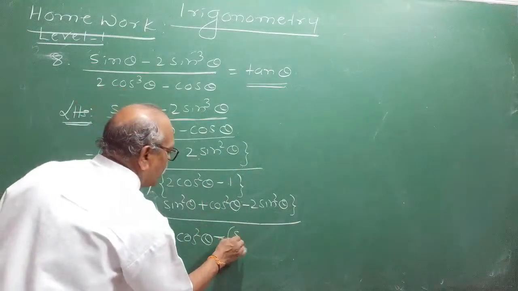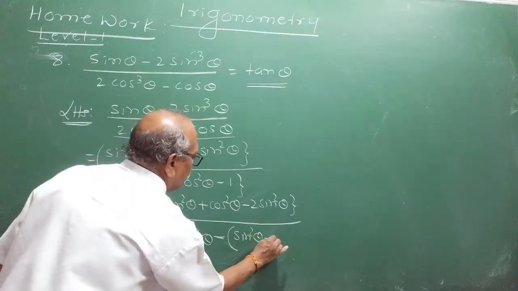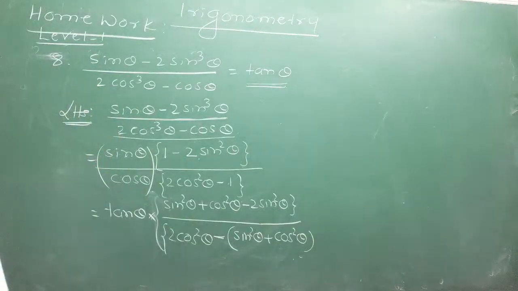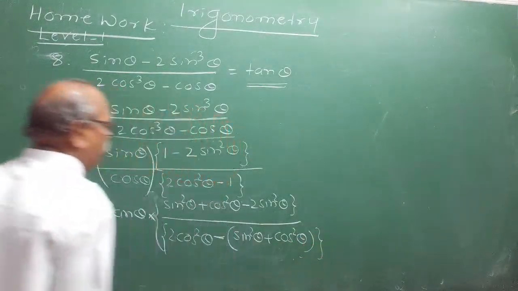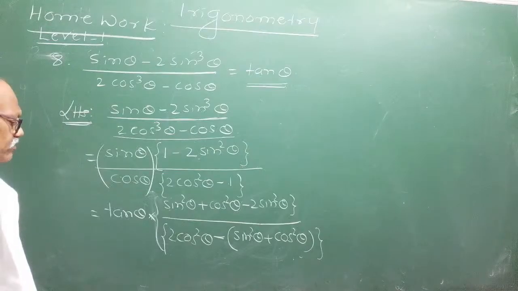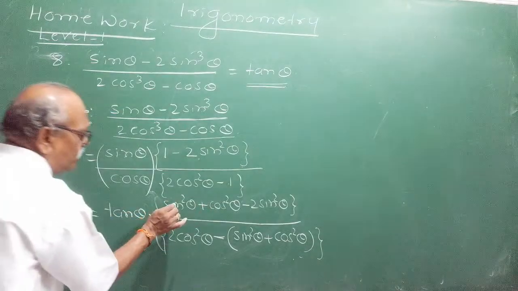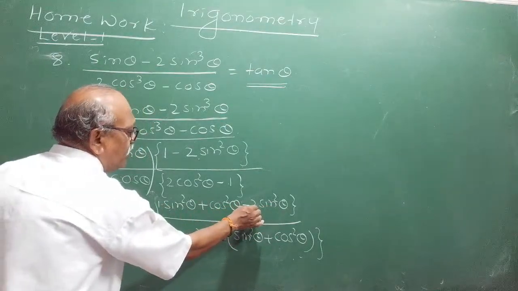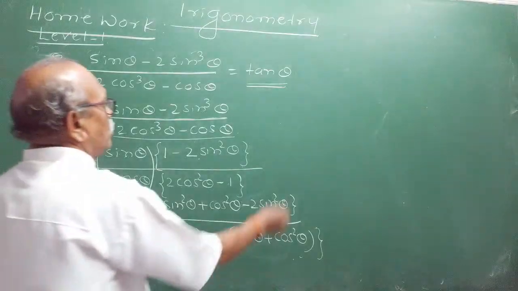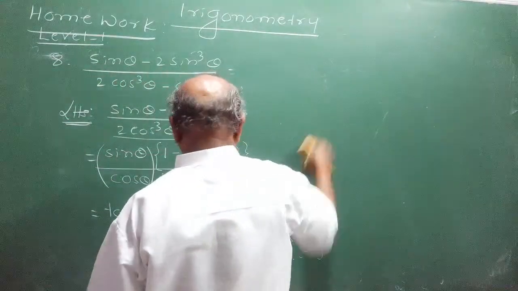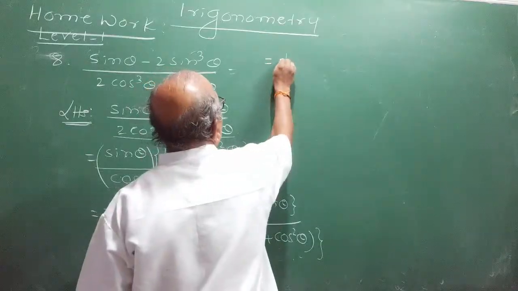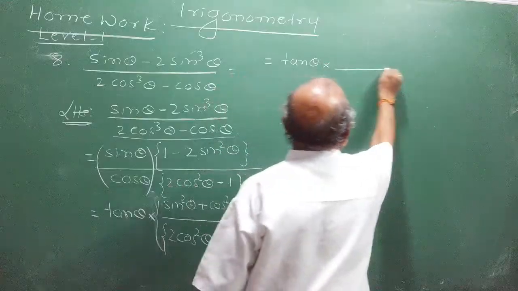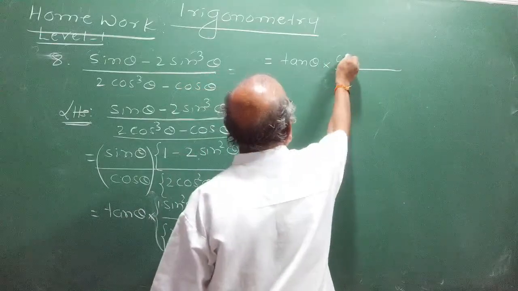Now this one in the bracket should be written as sin square theta plus cos square theta. Close the flower bracket. Use the common bracket, flower bracket carefully. Now you can observe in the numerator, what is 1 sin square theta minus 2 sin square theta? 1 minus 2 will be minus sin square theta. Now that is equal to, already we got tan theta which is RHS, and in the numerator what you are left with is cos square theta minus sin square theta.